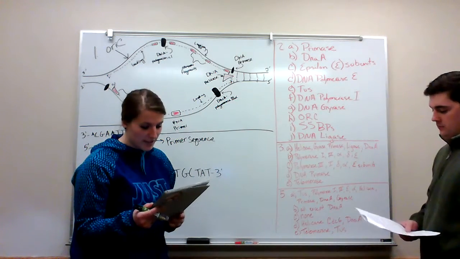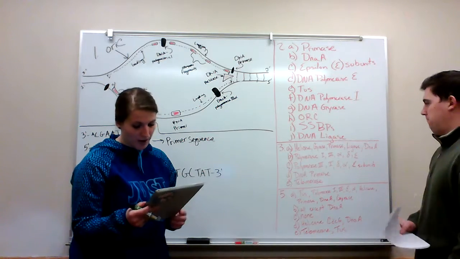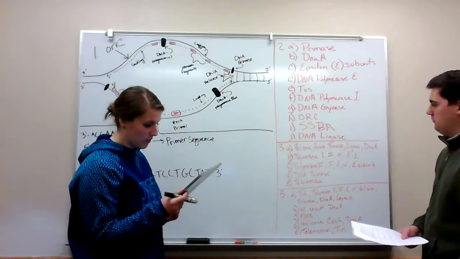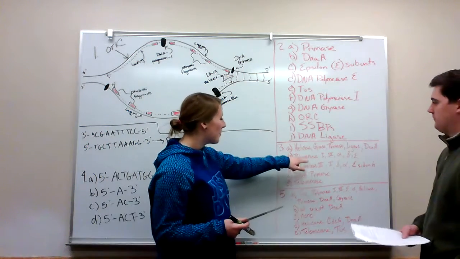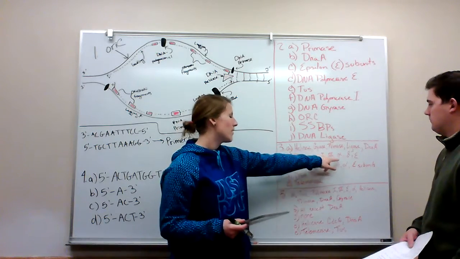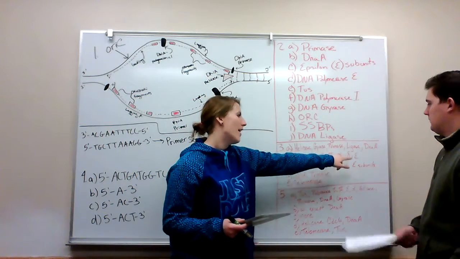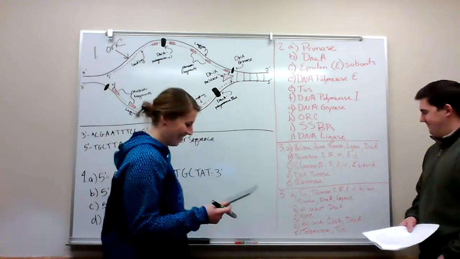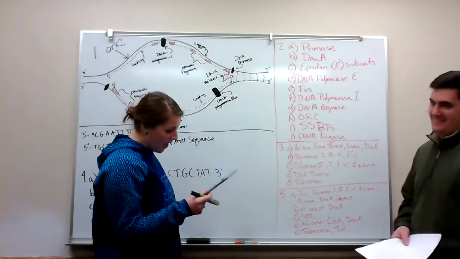For B, list 5 enzymes that consume dATP during DNA replication, and that is polymerase 1, 3, and then the subunits alpha, delta, epsilon. Sorry, I don't know my Greek alphabet very well.